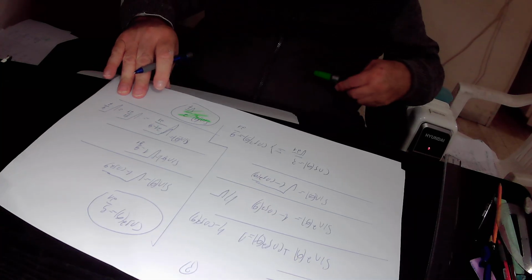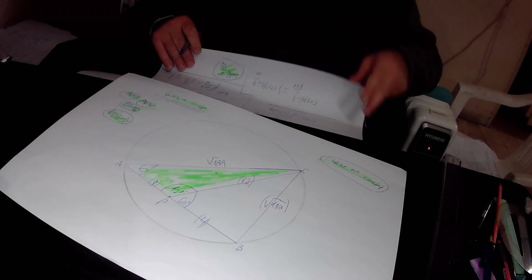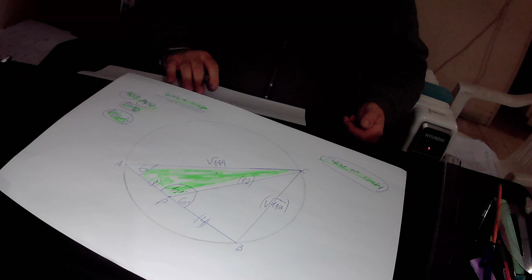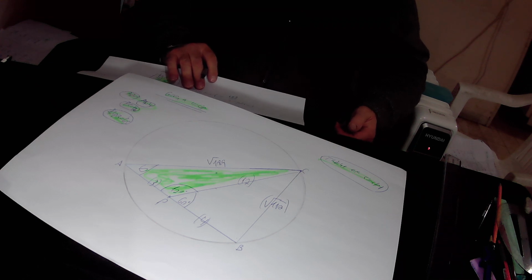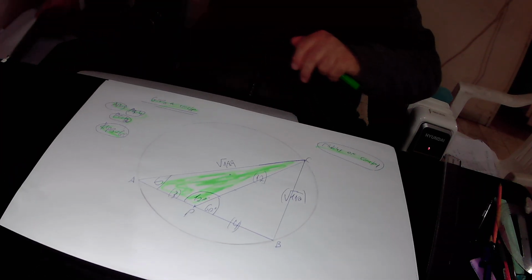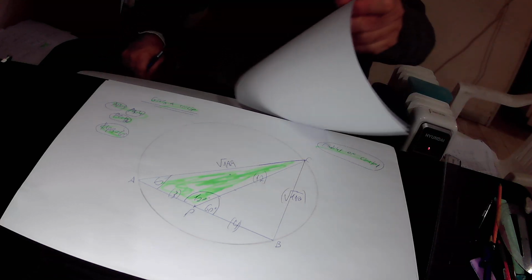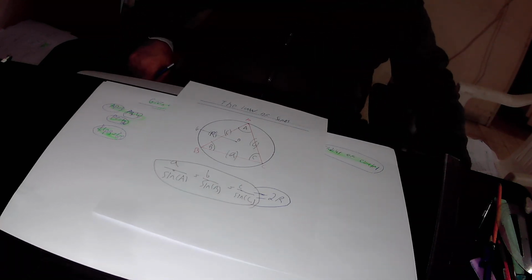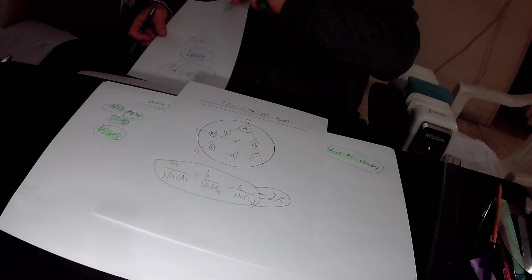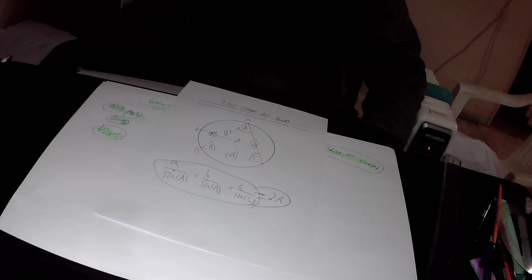So in the next step, we implement the law of sines on this triangle ABC. According to the law of sines, first of all, the law of sines is true in any triangle.